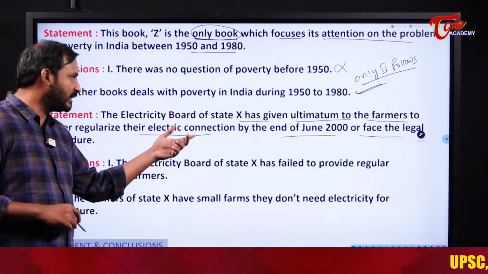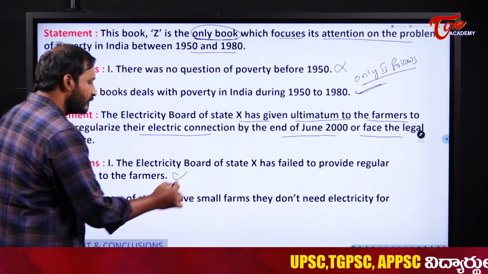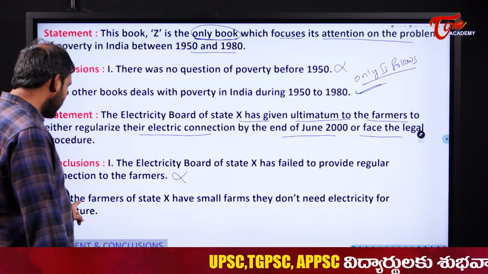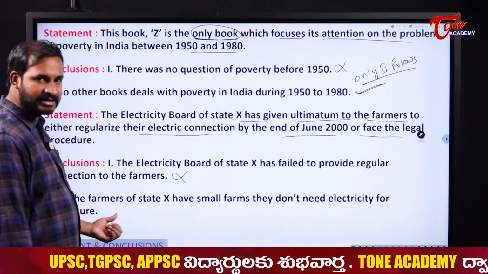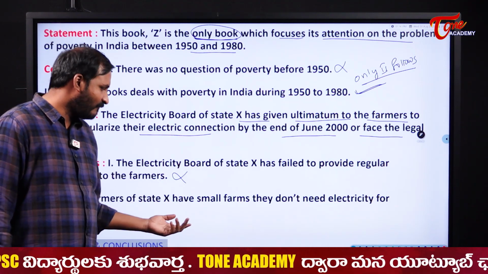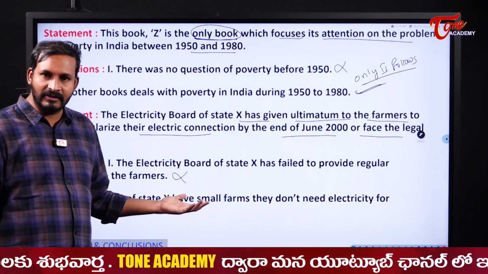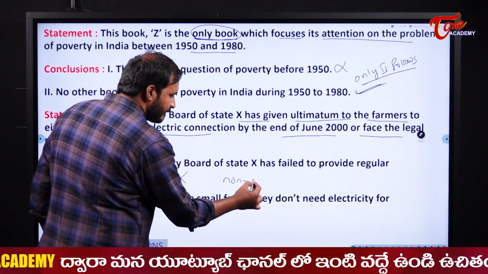Does they mention about regular connections here? No. Next, as the farmers of State X have small farms, they don't need electricity for agriculture. Does they mention anything about the farmers, small farms, or the requirement of electricity? Nowhere here. So here none follows.